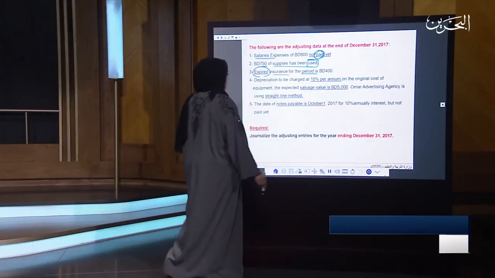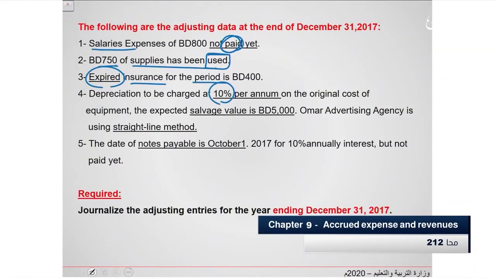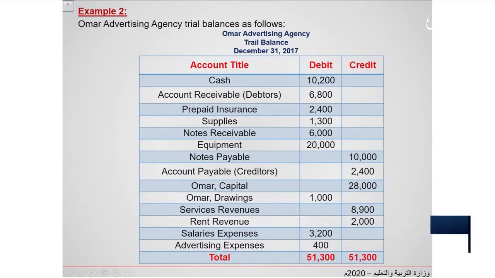Depreciation to be charged. This is 10% per annum of original cost of equipment. There is a salvage value of 5,000. Umar Advertising Agency is using straight line. So I will take the original cost. It's not mentioned here in the question, so I will take it from the trial balance. I will go back to the question to take the original cost for the equipment. This is mentioned here 20,000.